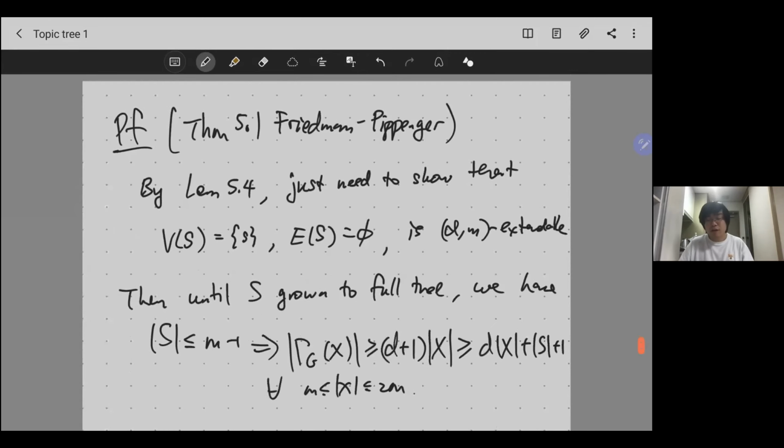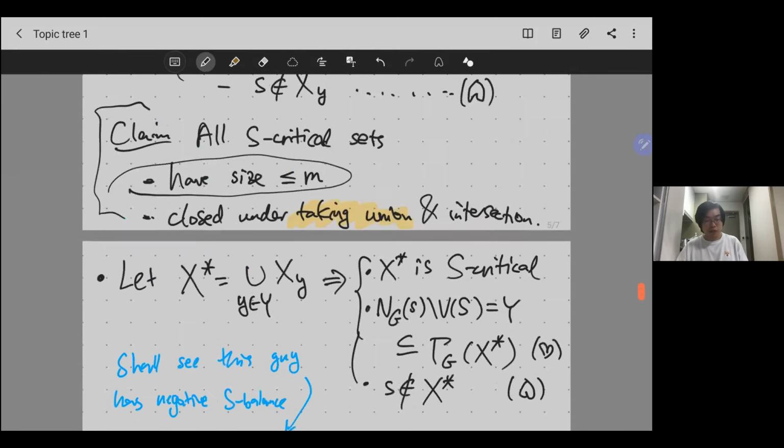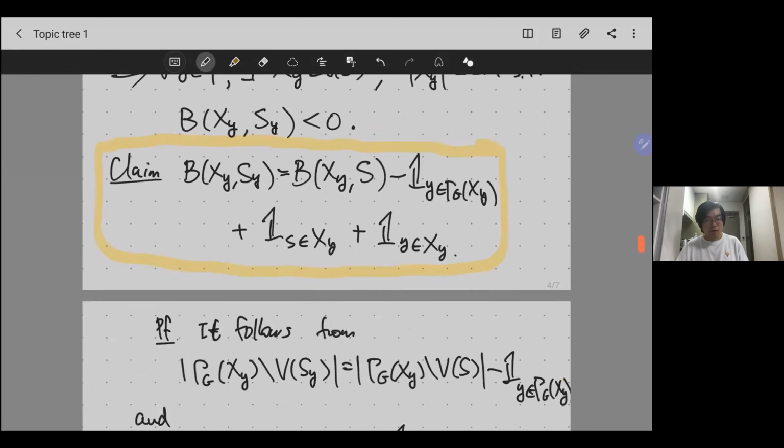So this verified the expansion property in lemma 5.4. Okay, this is precisely the orange box expansion in lemma 5.4.